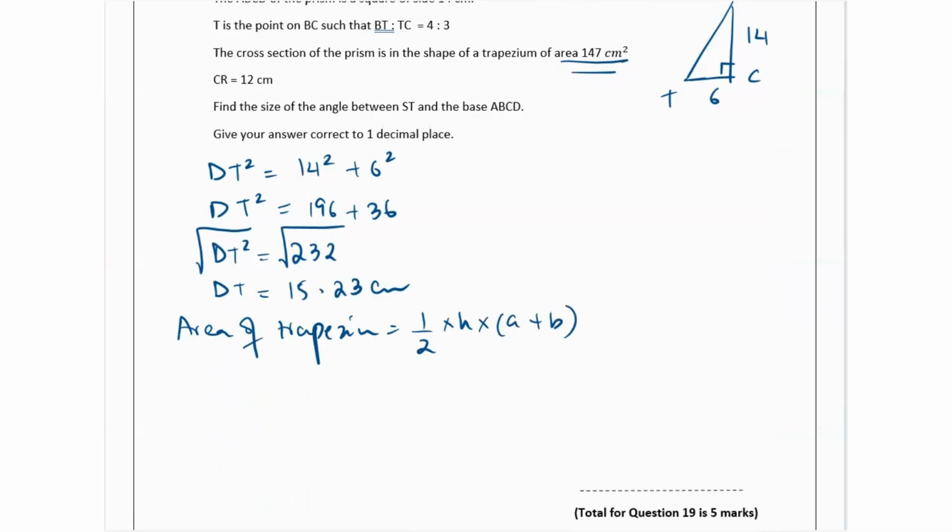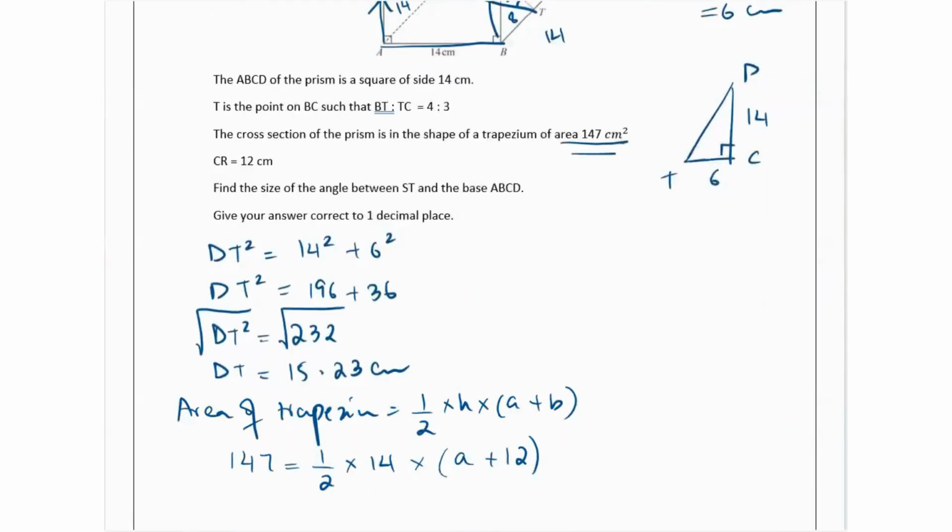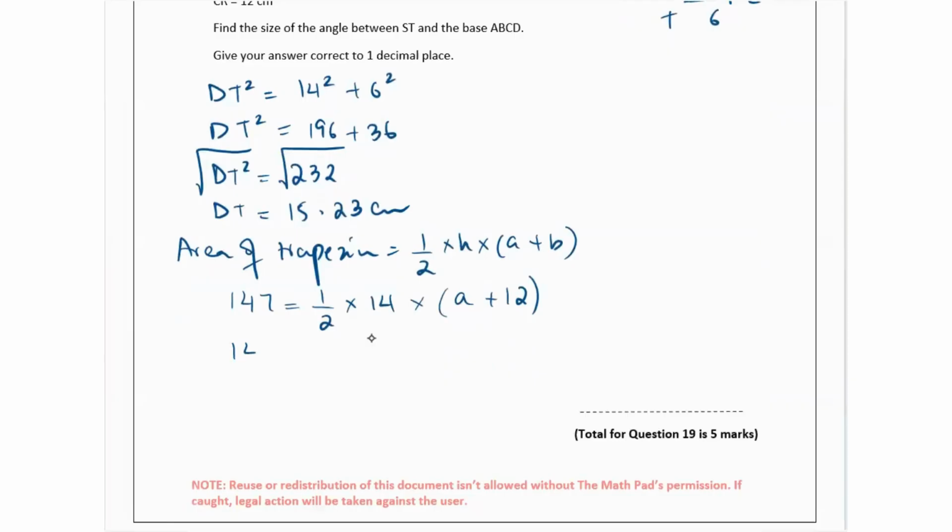So A and B are the parallel sides. So that's 147 equals to 1 over 2 times 14, which is your height, and A plus 12. Because CR was 12, so that means QB would also be 12. So that's 147 divided by 7 minus 12 equals to A. 9 centimeters is A.